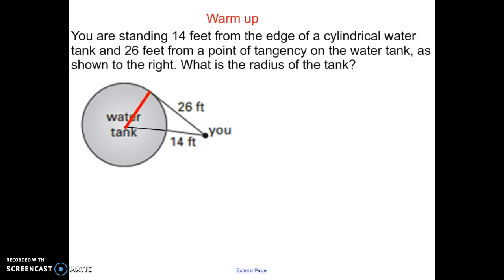There are two basic ways that you can solve this problem. The first one is you can consider this a right triangle because every tangent line meets the radius at a right angle.